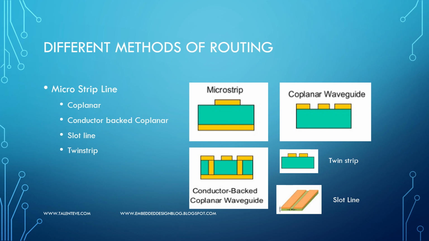Such a case is called embedded microstrip. But when you say embedded microstrip, it doesn't mean that the transmission line would be routed internally. It is just that there is a solder mask covering on top of this strip line.